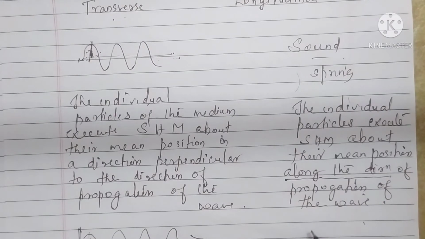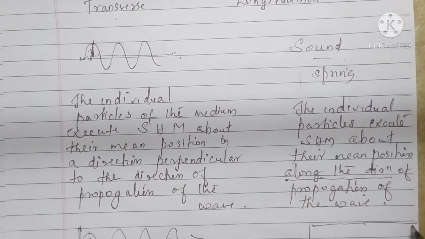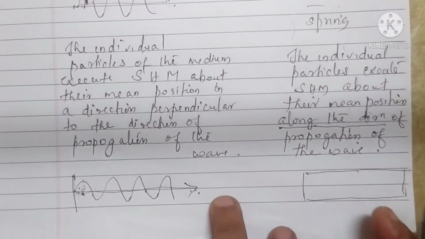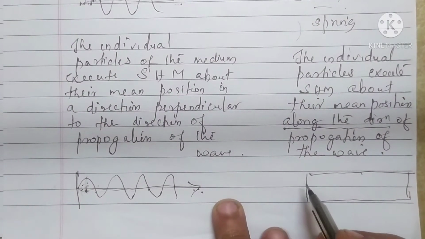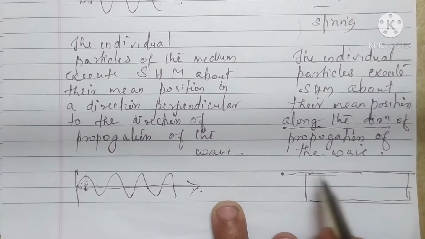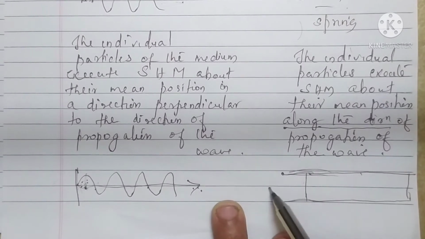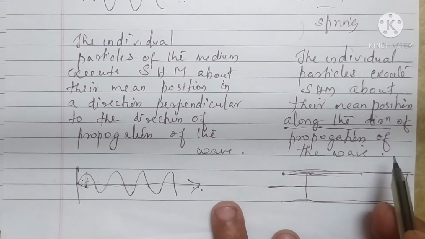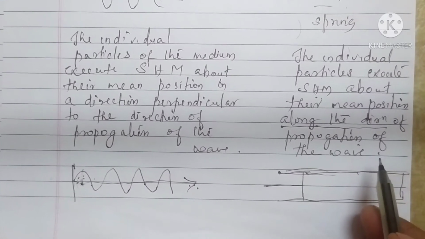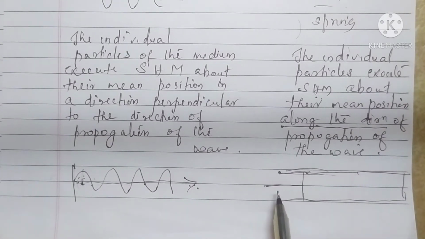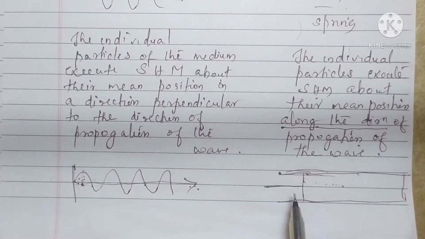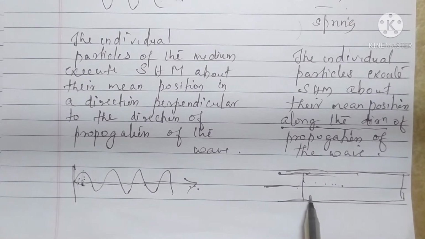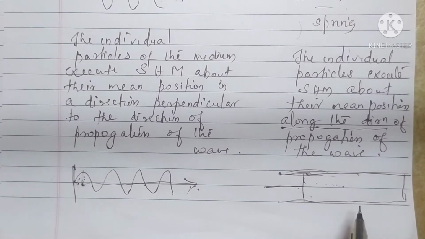For example, if there is a long pipe like this and it is filled with air, you can assume that. Here I have a piston at one end, and if you push the piston suddenly, a small layer of air just near this piston is compressed, isn't it?